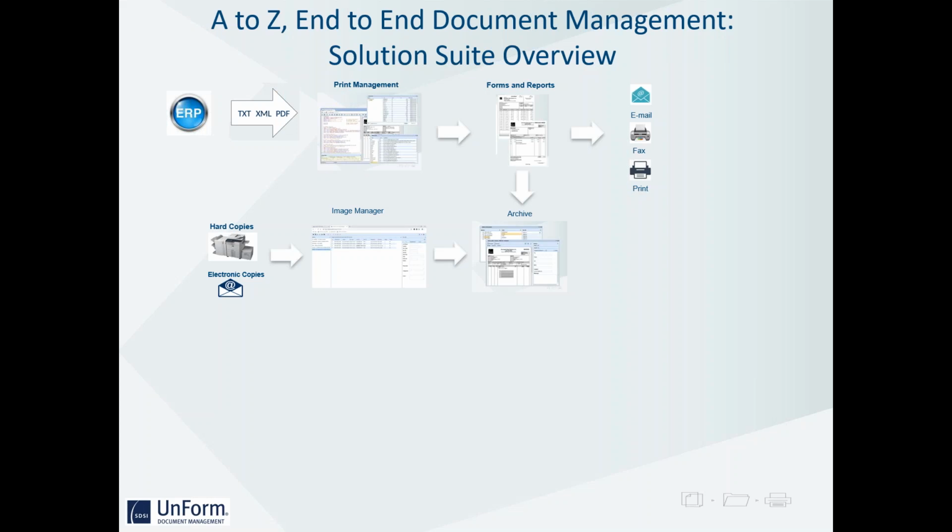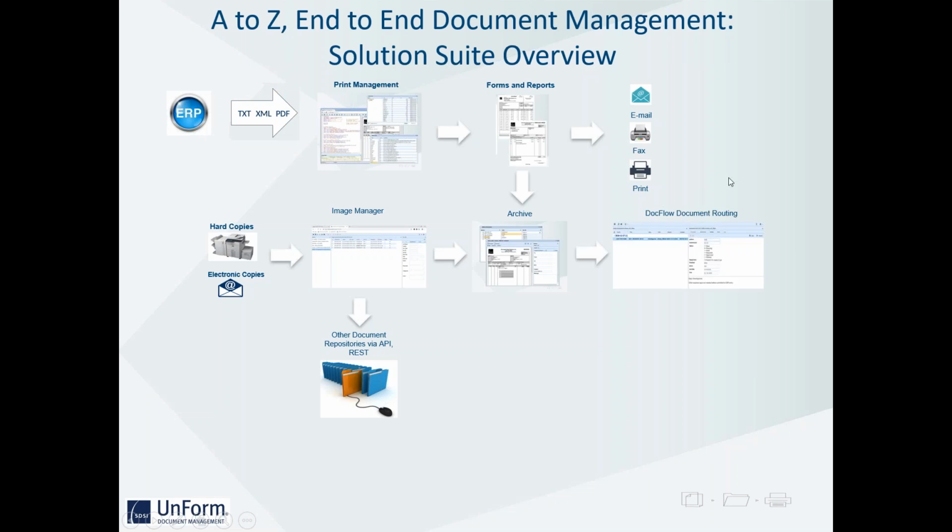We can import those in, and they can come in via email or to directories, and we can automate the processing of that. We're going to take a closer look at that in just a second. The image manager can also be used to push documents into other repositories. So via APIs and other methods, we can use the image manager to push documents into other repositories as well.